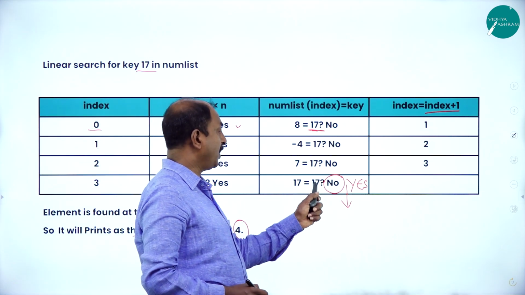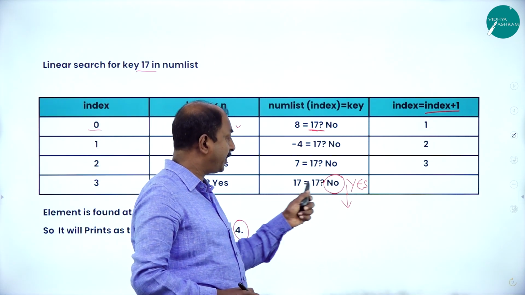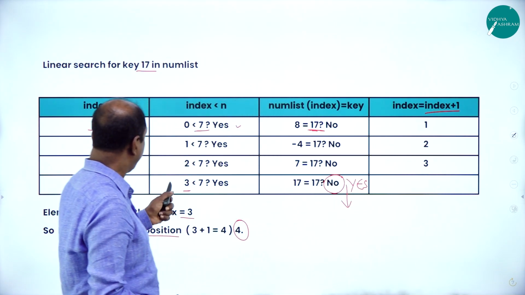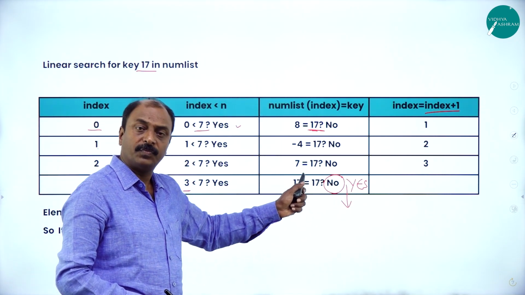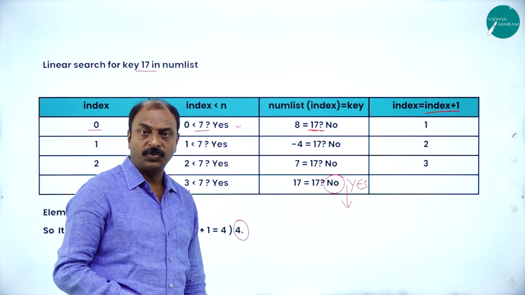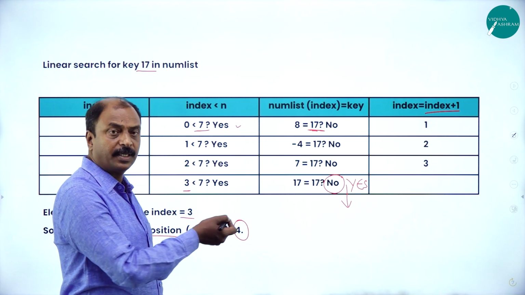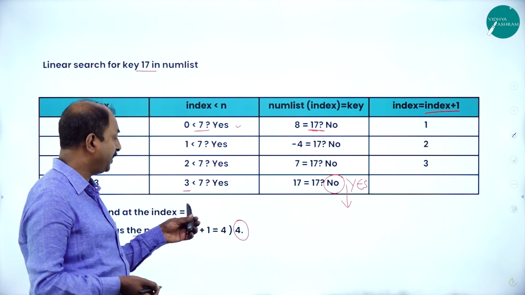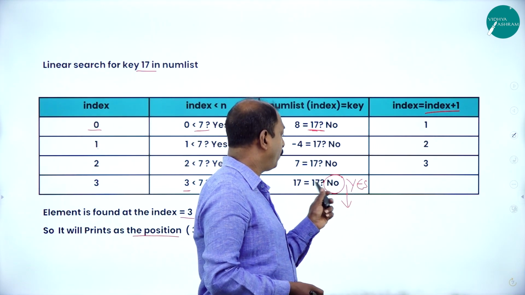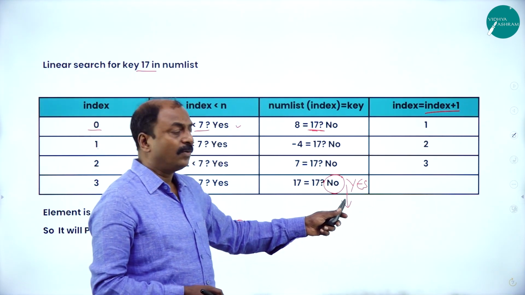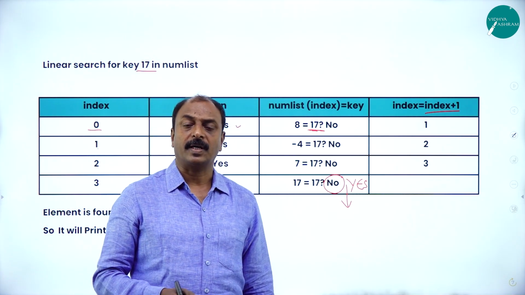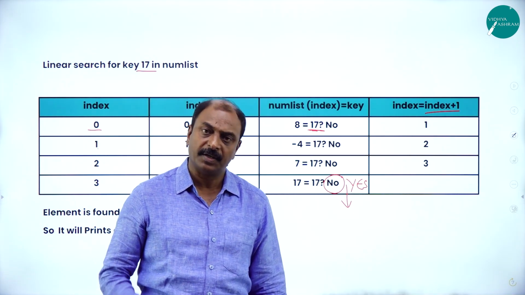If the key value matches with any of the numbers in the given list, then we have to make a note of the index of this number, and we have to print that search is successful and element is found at the index, in this example, index 3 or position 4. And once we find the match here, we will not continue further searching or comparing for other elements in the given list.